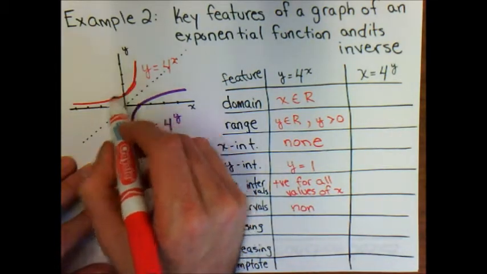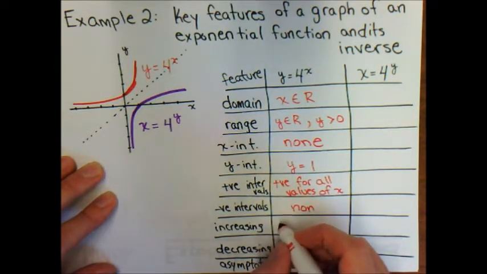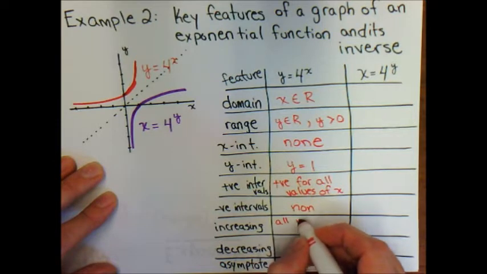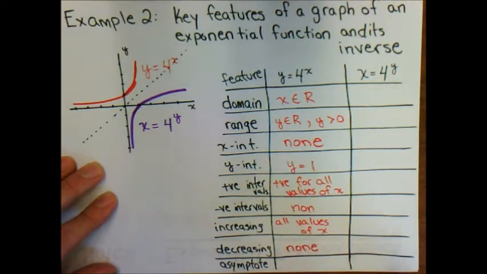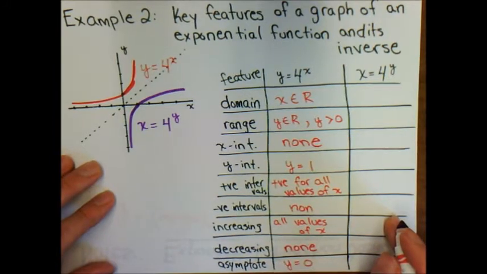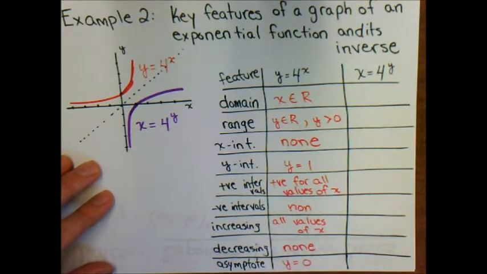Increasing, we can see it is increasing for all values of x, and it is never decreasing. And the asymptote occurs at y equals 0. Hopefully we can see that on the screen.